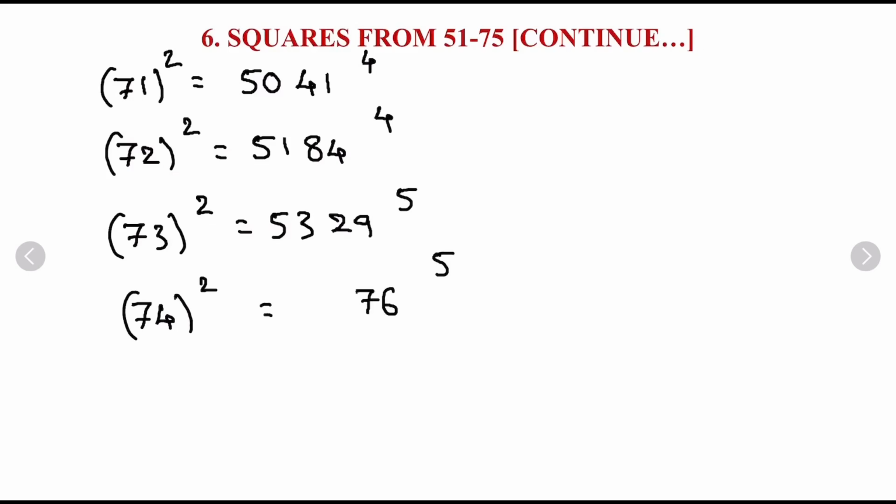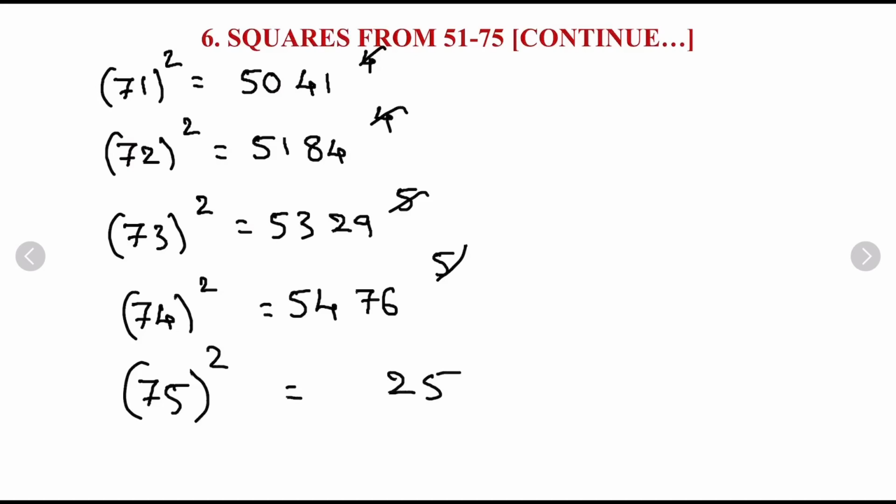So 25 plus 24, 49 plus 5, 54. So if it is 75 square, 5 into 5, 25. 7 next number, 8. 7 into 8, 56. This we have already discussed in the previous videos.